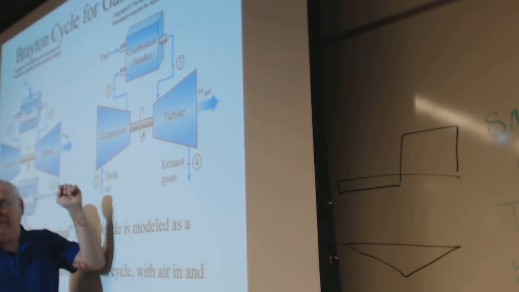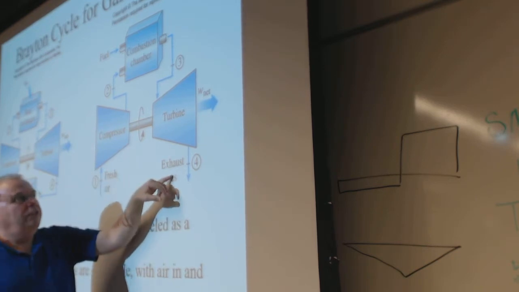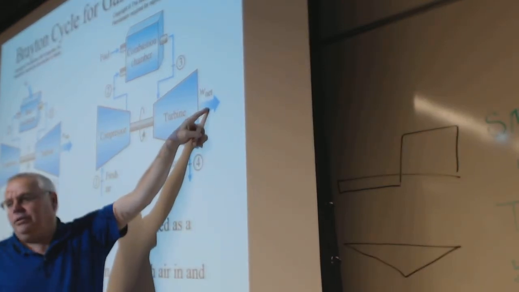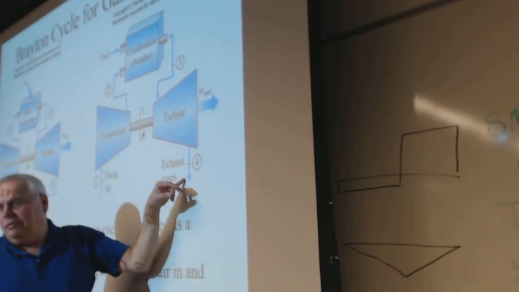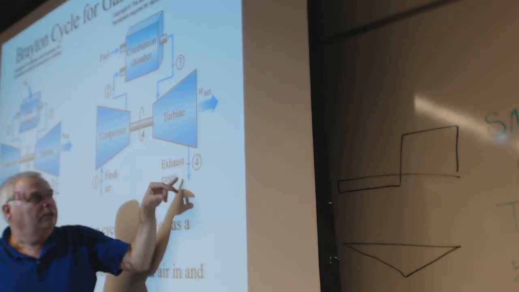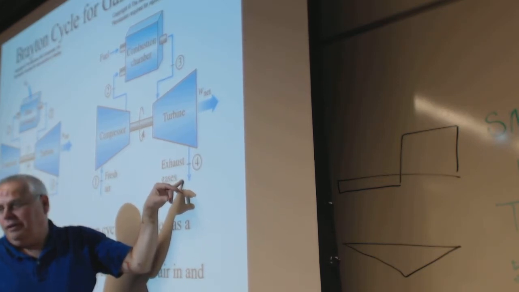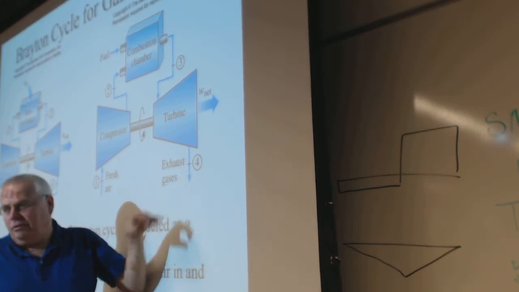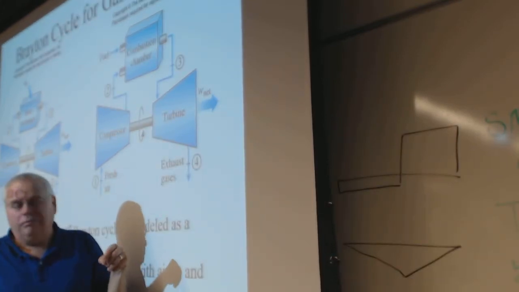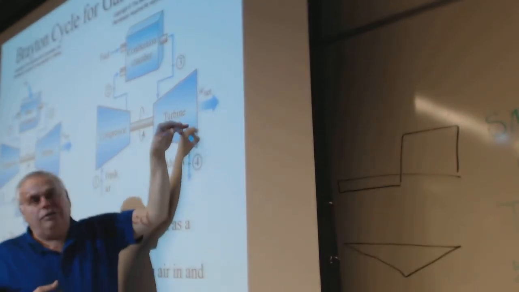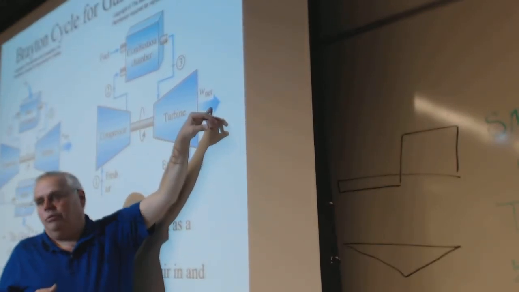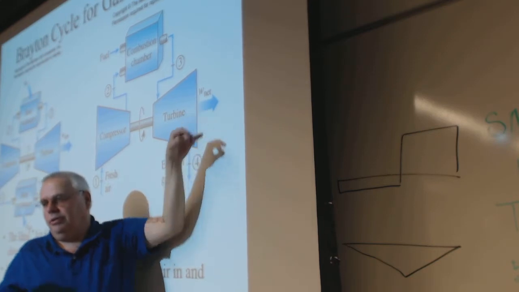If you want the engine to go faster, you leave more energy here and you don't extract as much here. So that would be like the jet fighter, high speed, high velocity; this would come out hotter. If you want the turbofan, like the commercial jet engine, you'd extract more energy out of it, get some work, use it to turn a propeller or turn a big fan.